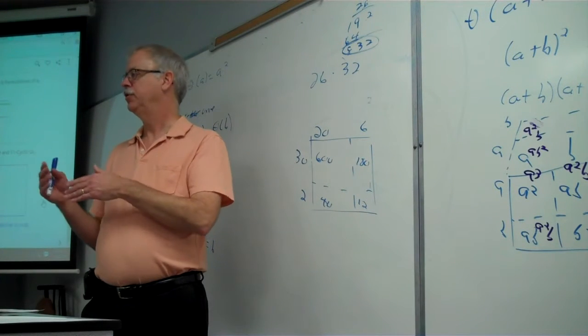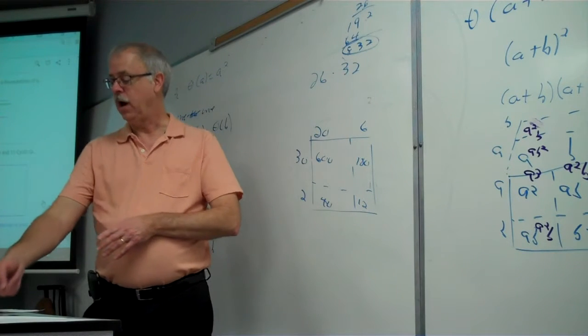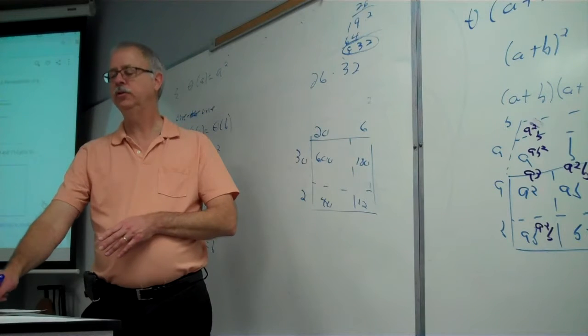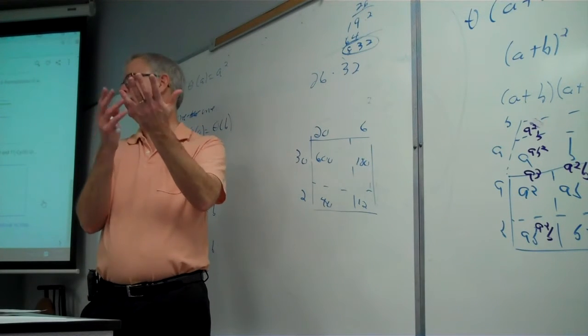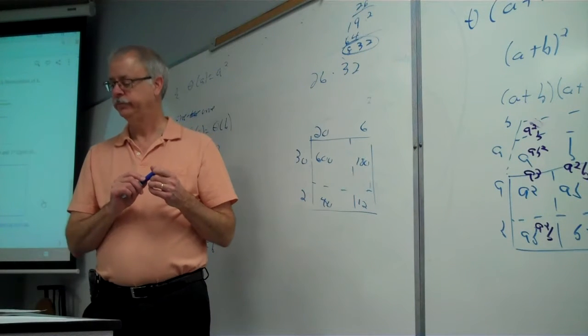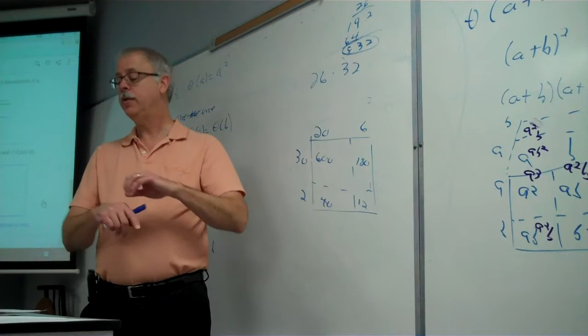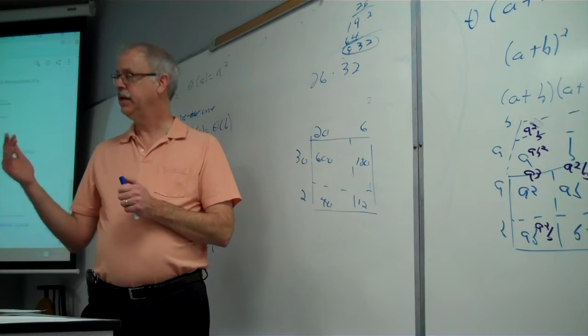If our operation is multiplication, our identity is 1. If our operation is the composition of functions or permutations, our identity is the identity mapping. If it were some other operation in some other group, it would be whatever the identity is there.